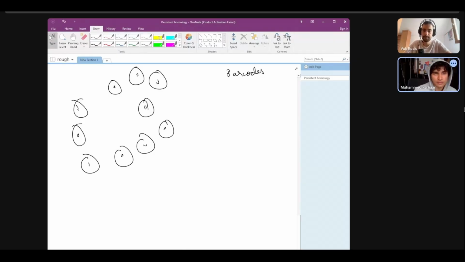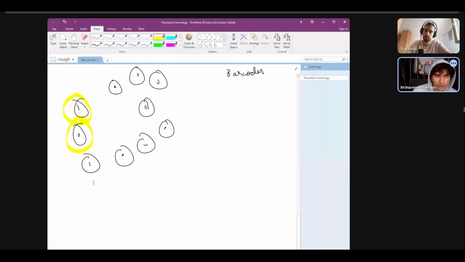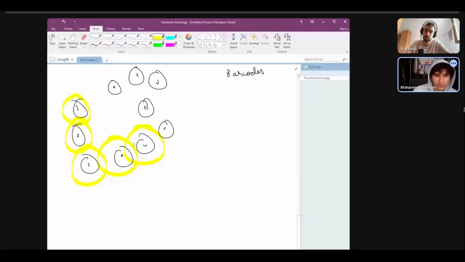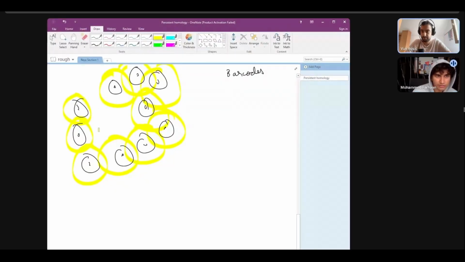So I'll turn the highlighter on. You keep increasing them until everything is interconnected and you have a really big mess.